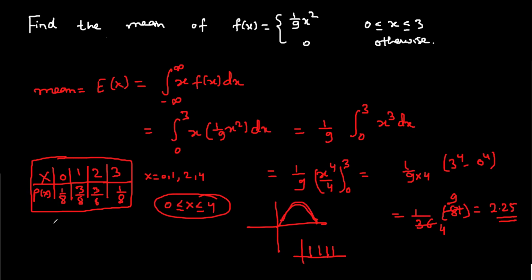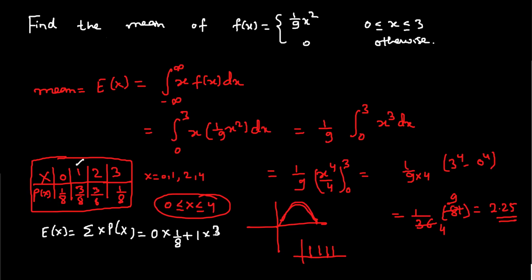I'm going to find the expected value of this PDF. How can you find it? You know, the summation of x into p(x). What is x? 0, and its probability is given. What is x? 1, and its probability.